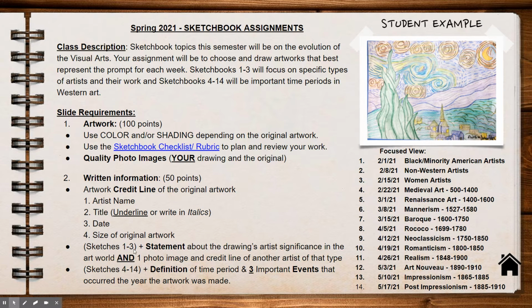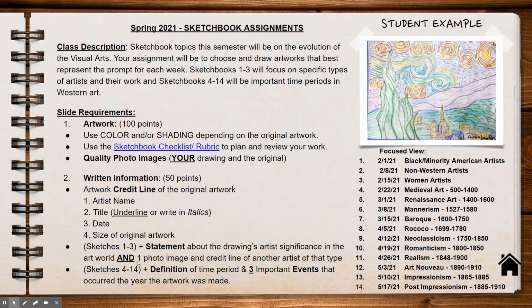In sketches 1 through 3, you're going to write a statement about the artwork's or artist's significance. Whatever that is, you need to look up something important about that artist and write a statement about it in the art world. So why are they important in the art world?